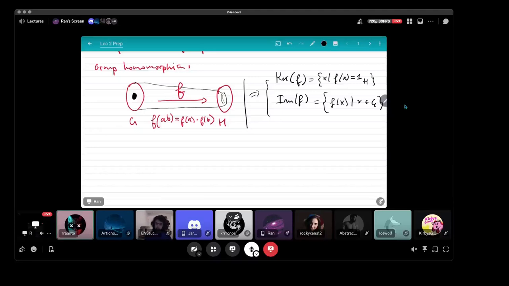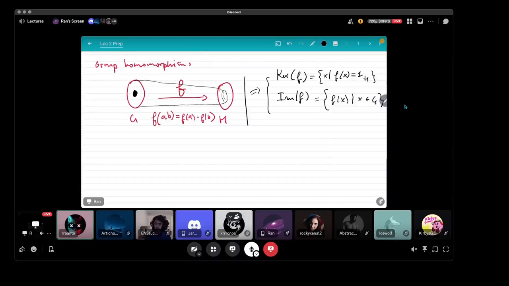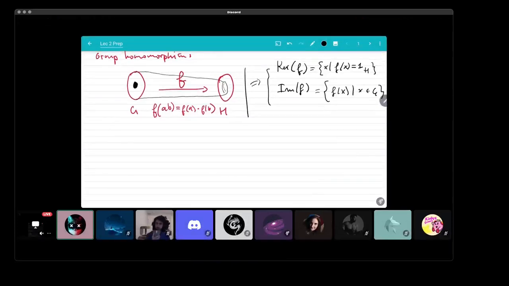Some additional important properties I've seen someone mention in the exercises section is that if you have a subgroup, say S, a subgroup of G, we're just going to recall that a subgroup is a subset that is stable under the multiplication of the group, and also has the identity element.